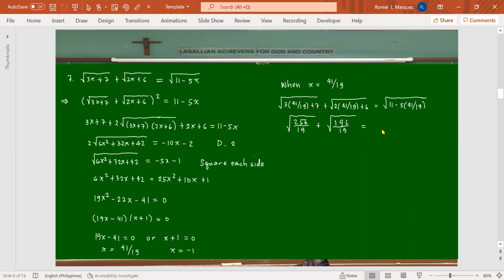And that is equal to square root of 11 minus 5 times 41 divided by 19, square root of 4 over 19. Am I correct, guys? Yes, sir. So this is equal to 2 square root of 19, the right side.